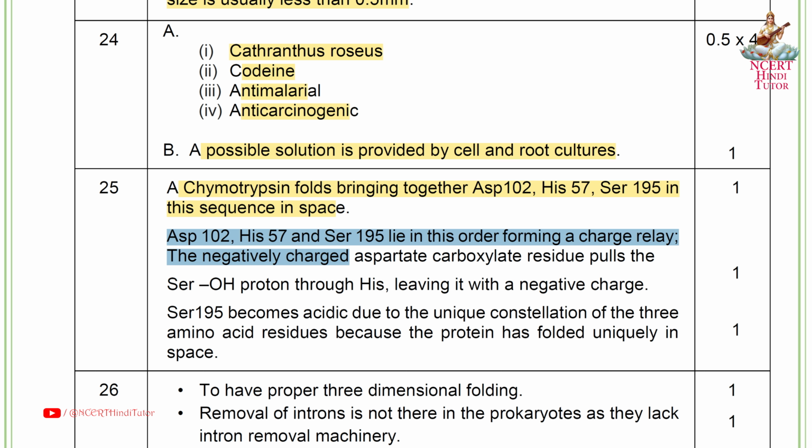The negatively charged aspartate carboxylate residue pulls the SER-OH proton through HIS, leaving it with a negative charge. SER195 becomes acidic due to the unique constellation of the three amino acid residues because the protein has folded uniquely in space.